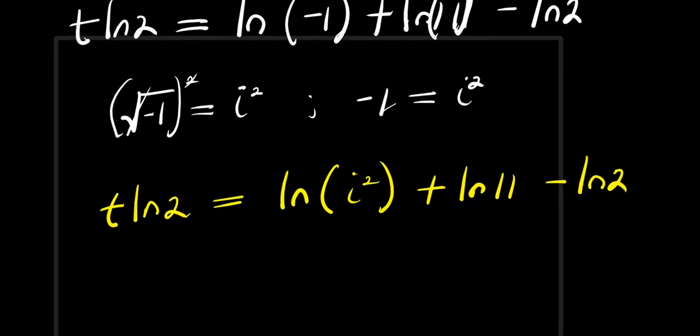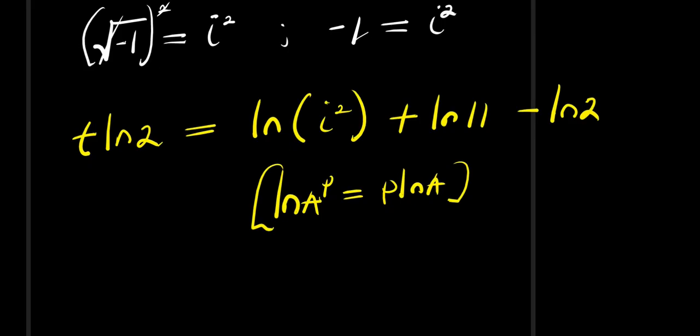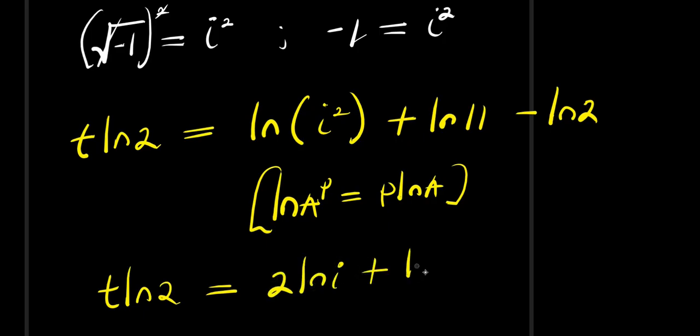And remember, ln(a^p) is the same as p times ln a. So from here, you have t times ln 2 equals 2 times ln i plus ln 11 minus ln 2.